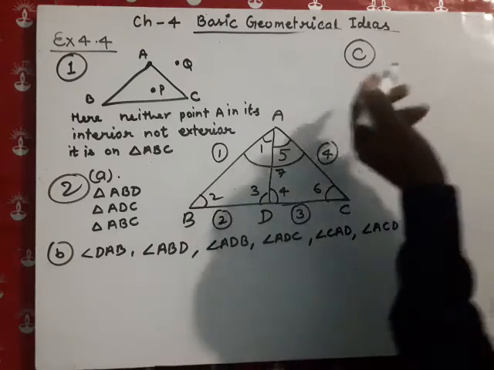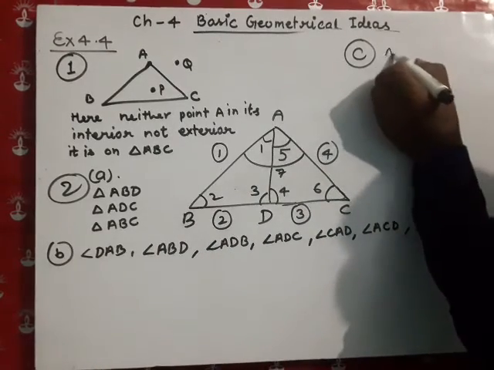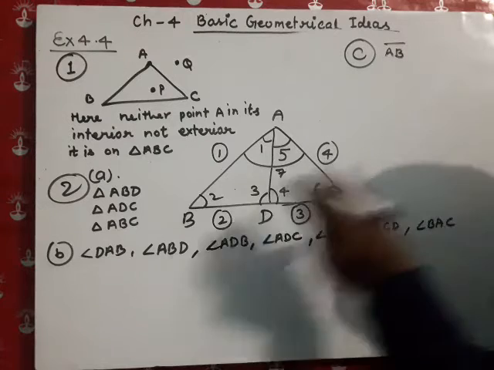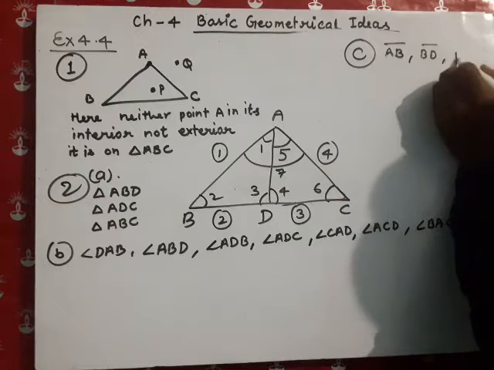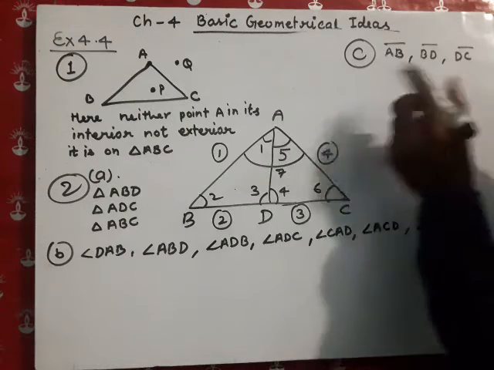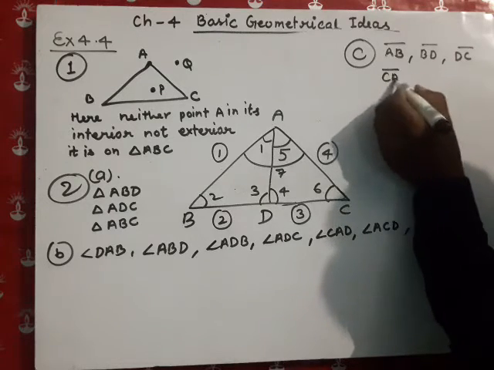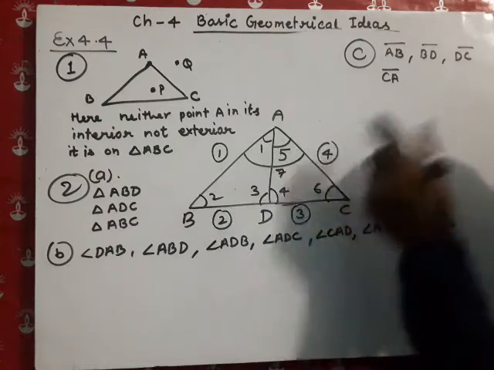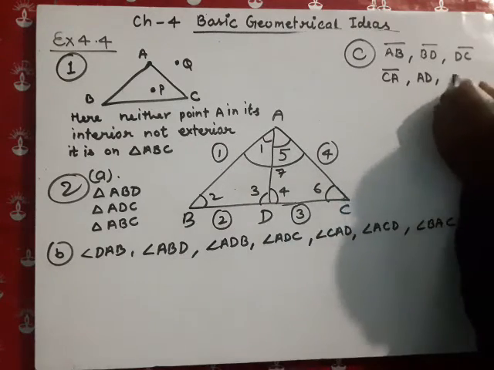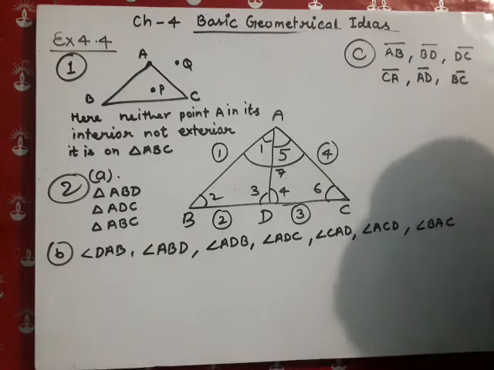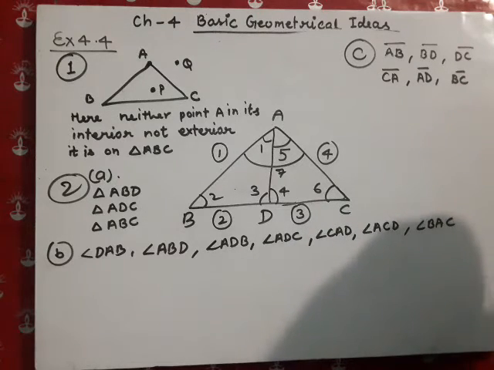So I am going to write down the names: first AB, then BD, then DC, then CA, then AD, then BC. These are the 6 names of the line segments.